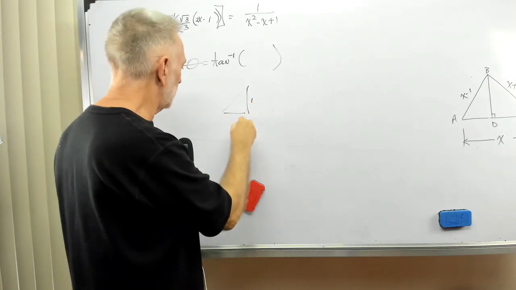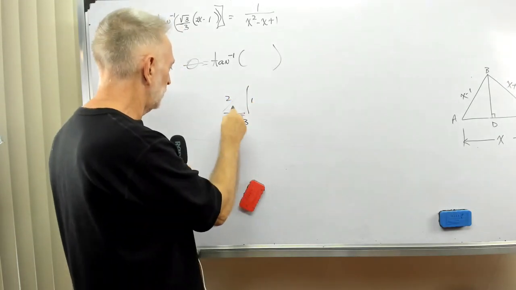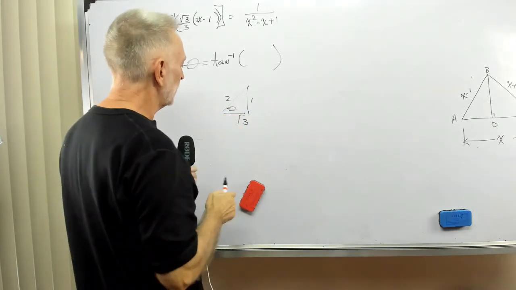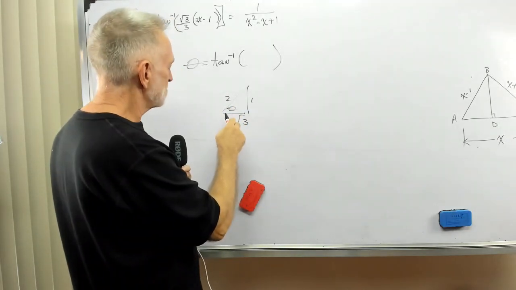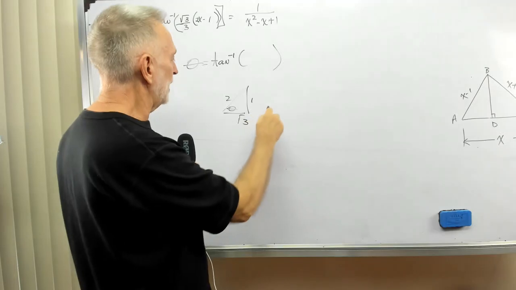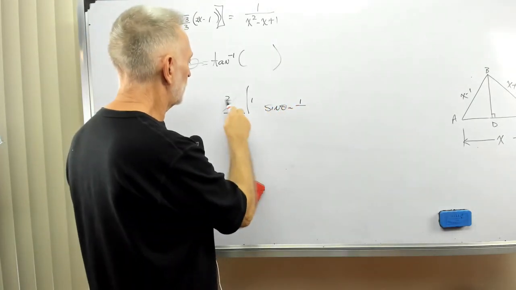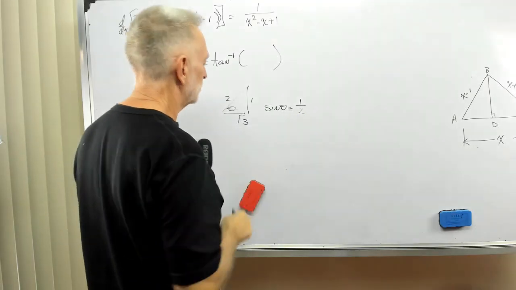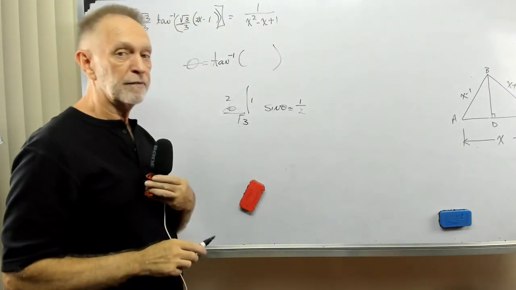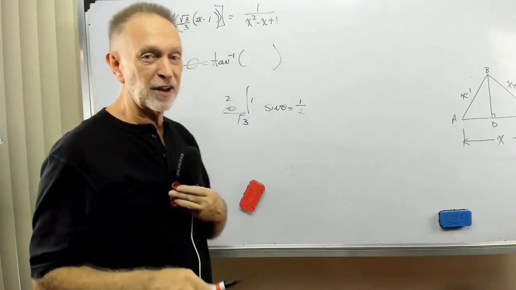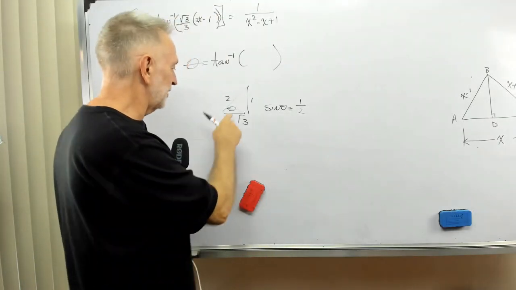If I have a triangle with 1, square root 3, and 2, and that's theta, I could say sine theta is opposite over hypotenuse, so sine theta equals 1 half. You can grab your calculator if you want to challenge me here.